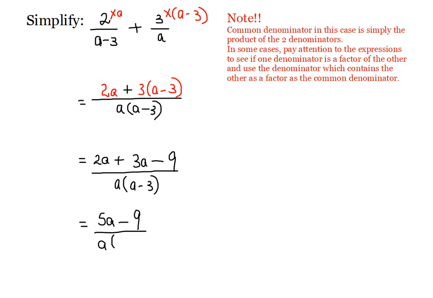I don't have anything common there that I could cancel out with my denominator. And my denominator just remains as this product a into a minus 3. And that's all there is to it, right? We stop right there because, like I said, there are no more common factors. There's nothing further to simplify. And this is this statement in its simplified form.